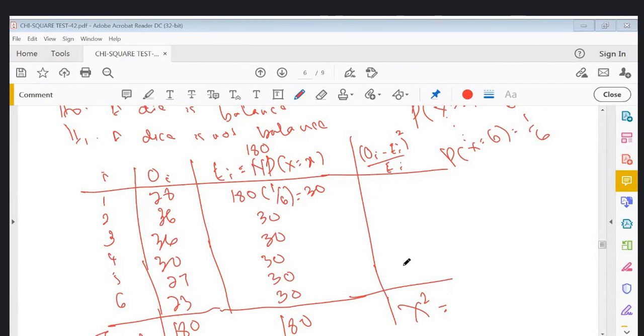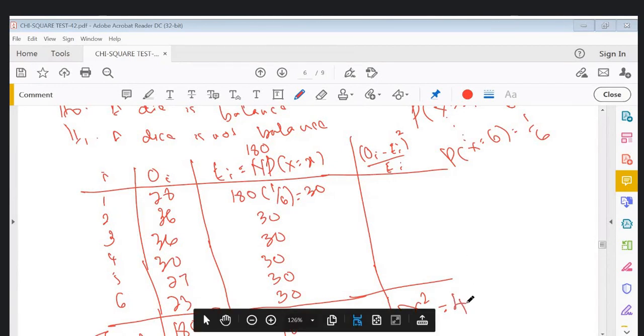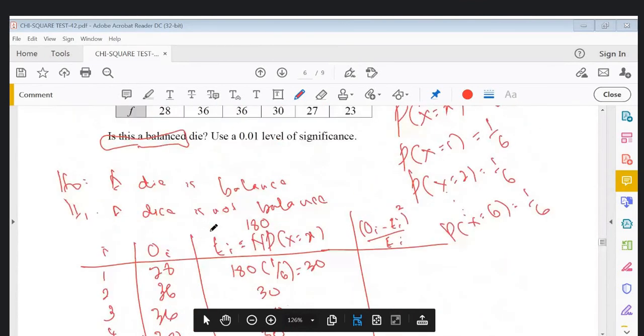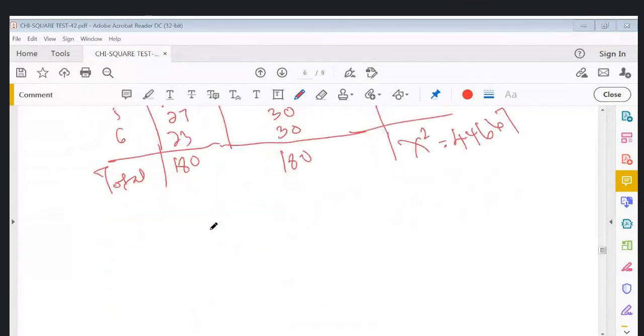Okay, 4.46, we get this one is 4.46. From here, the question's alpha is 0.01.